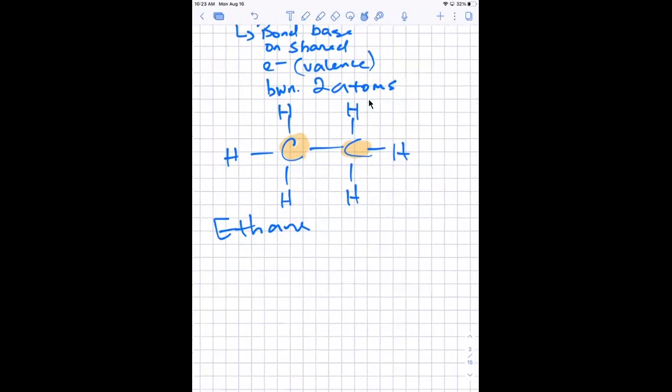So we're only going to focus on the carbon-carbon single bond. The carbon-hydrogen bonds are also covalent, but I want to focus on the carbon-carbon single bond because it's going to allow us to segue into hybridization, all right? And so ethane has this carbon-carbon single bond, which we call a sigma bond.